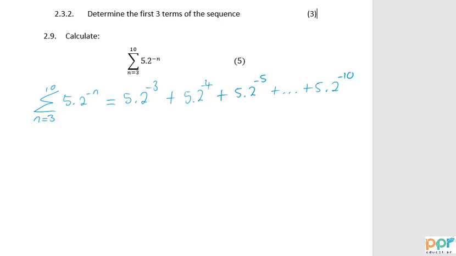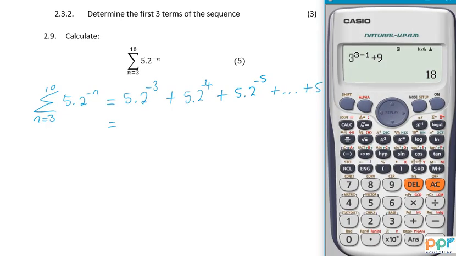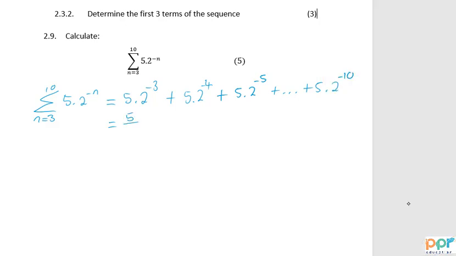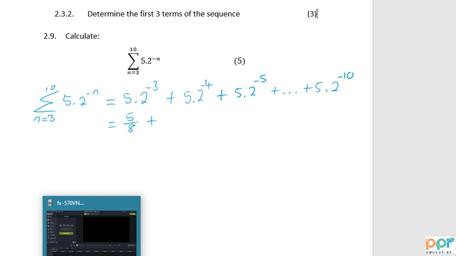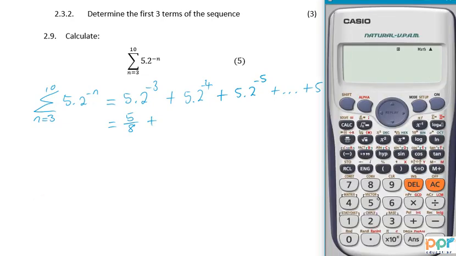Yes. Now if we proceed, this will give me 5 times 2 to the power negative 3, which will give me 5 over 8, and then plus 5 times 2 to the power minus 4, 5 over 16 again.